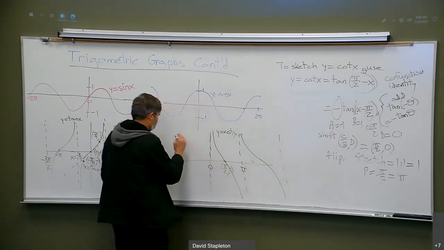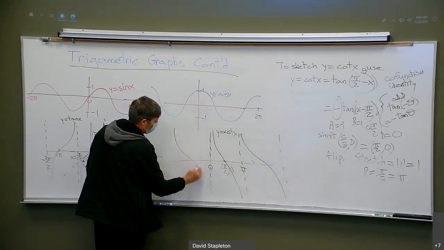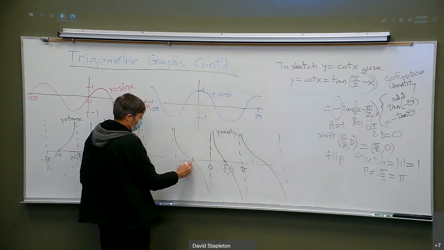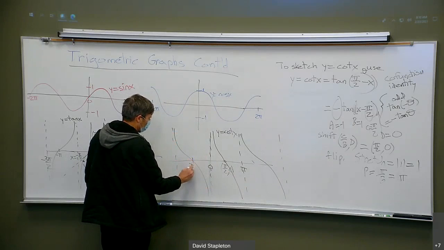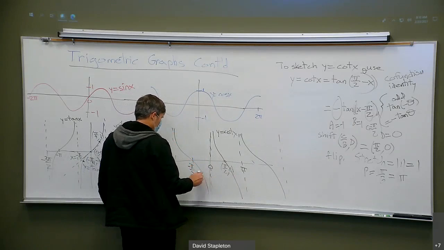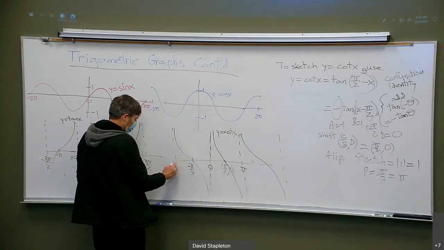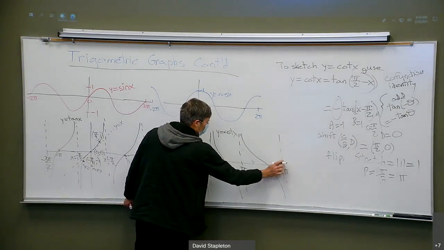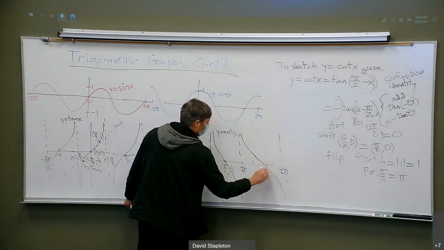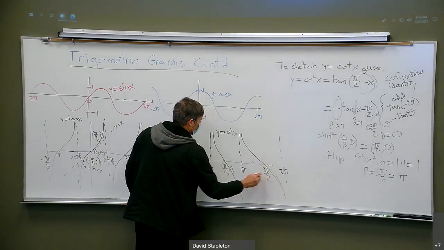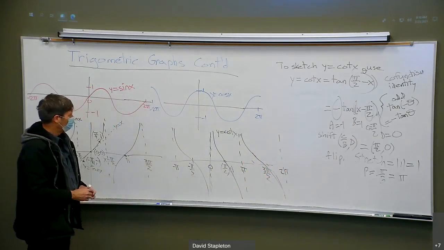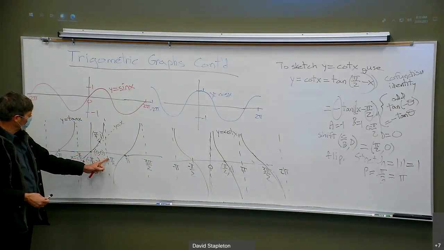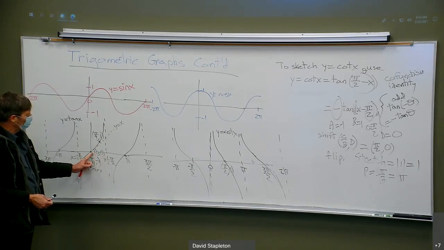And now you notice the difference between tangent and cotangent. It crosses the axis at odd multiples of pi over 2, and the asymptotes are at whole multiples of pi. So for tangent, the asymptotes are at odd multiples of pi over 2, and it crosses at whole multiples of pi.